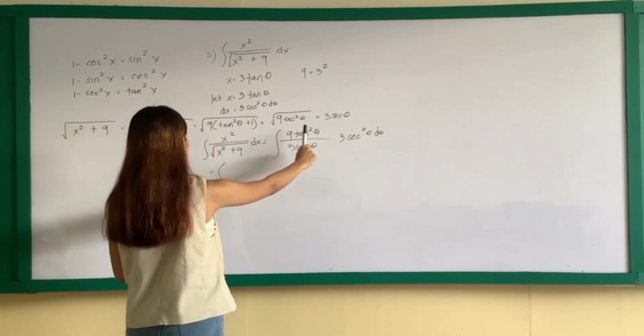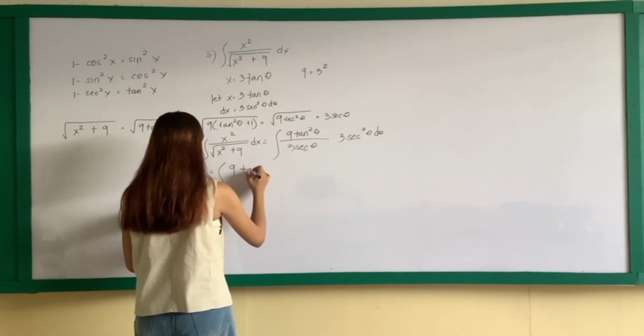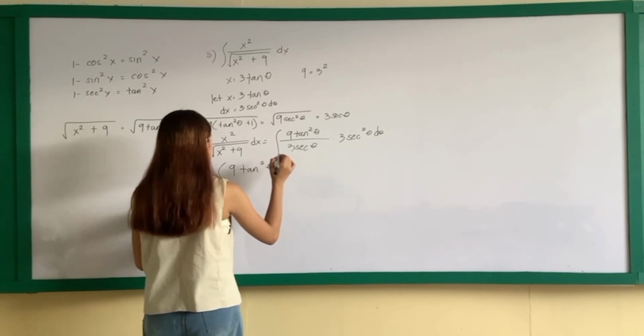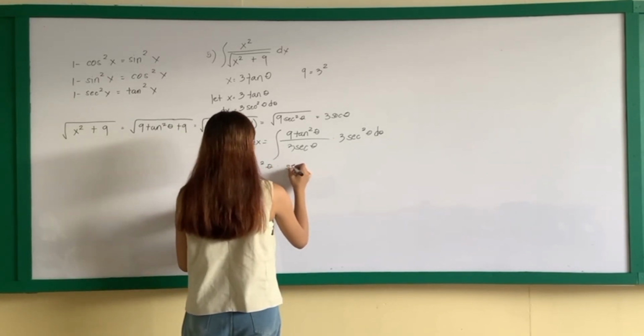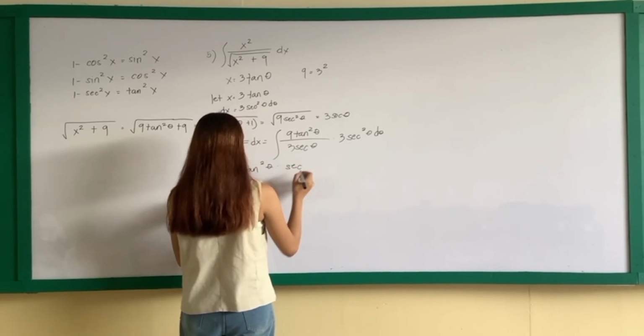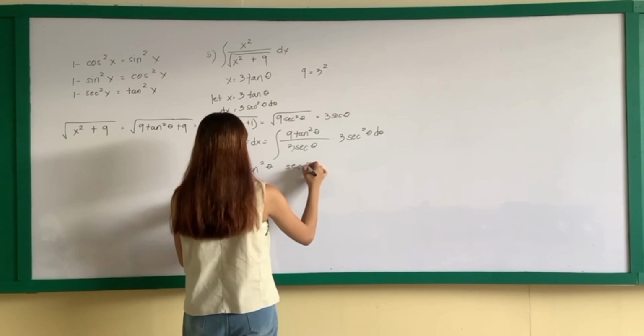So the integral of 9 tan squared theta secant theta d theta.